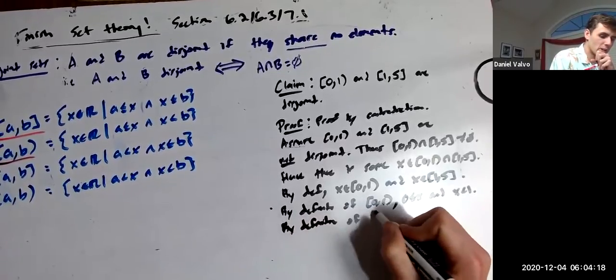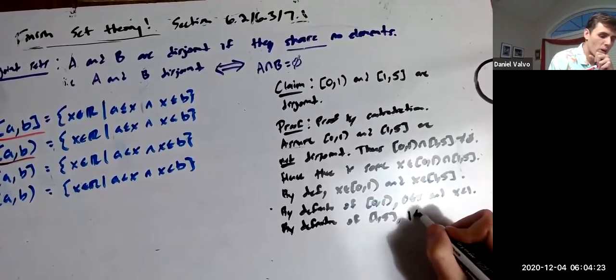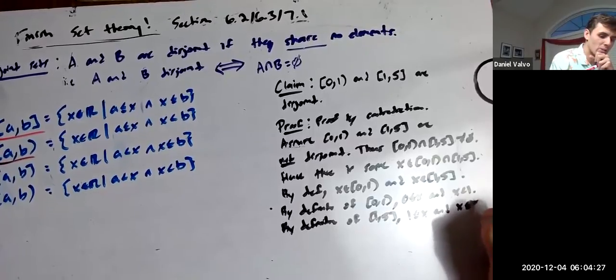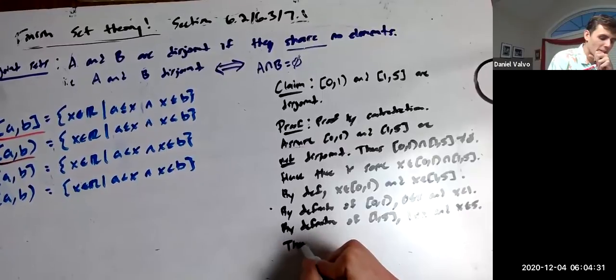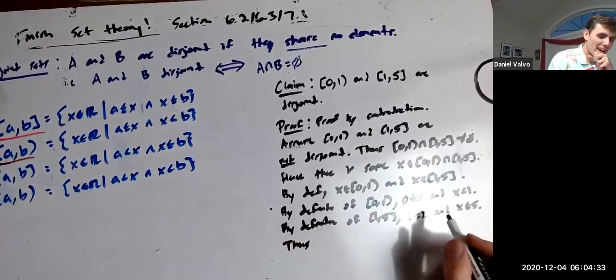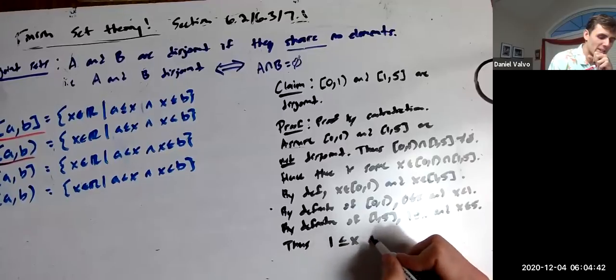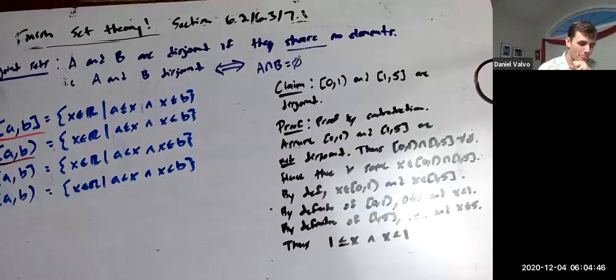By definition of [1, 5], we have that 1 is less than or equal to x, and x is less than or equal to 5. Thus, we have that 1 is less than or equal to x, and x is less than 1.